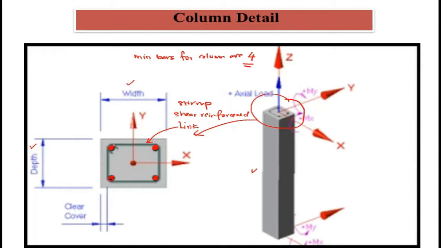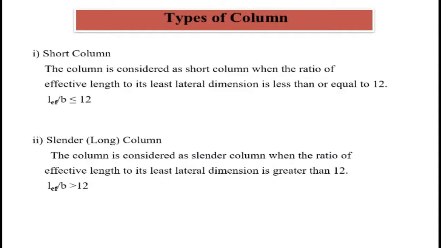At the end of one corner, here we bend the link. What for? So that the link stays at its location. Here is the concrete cover. So this is the cross section of column.